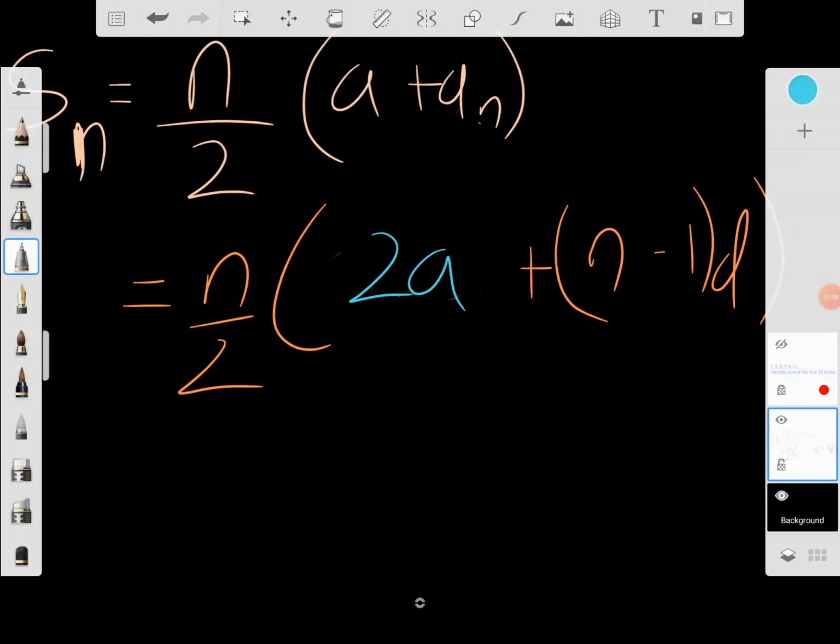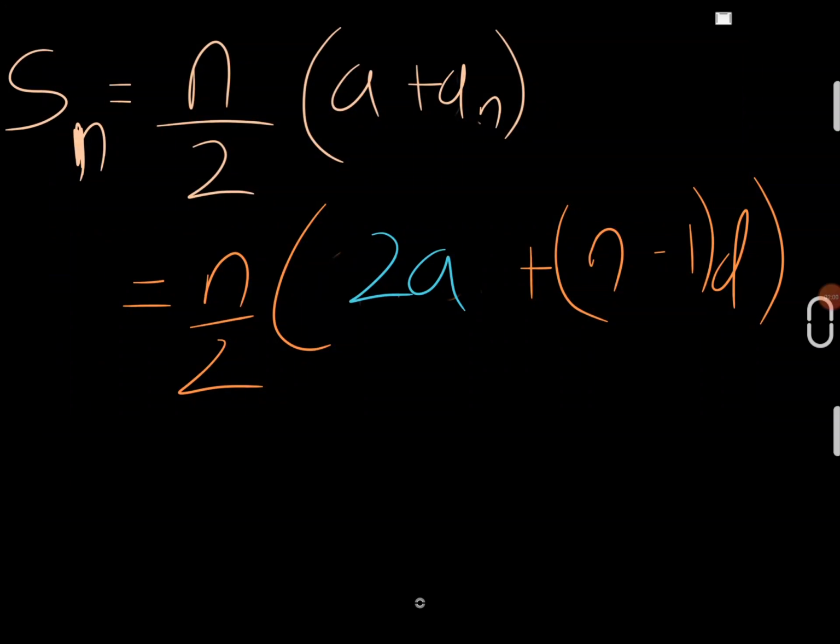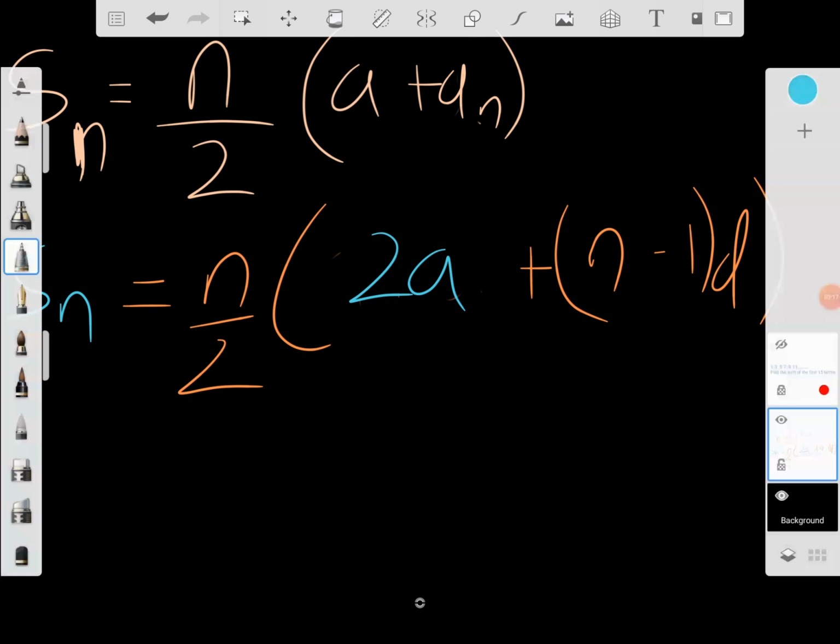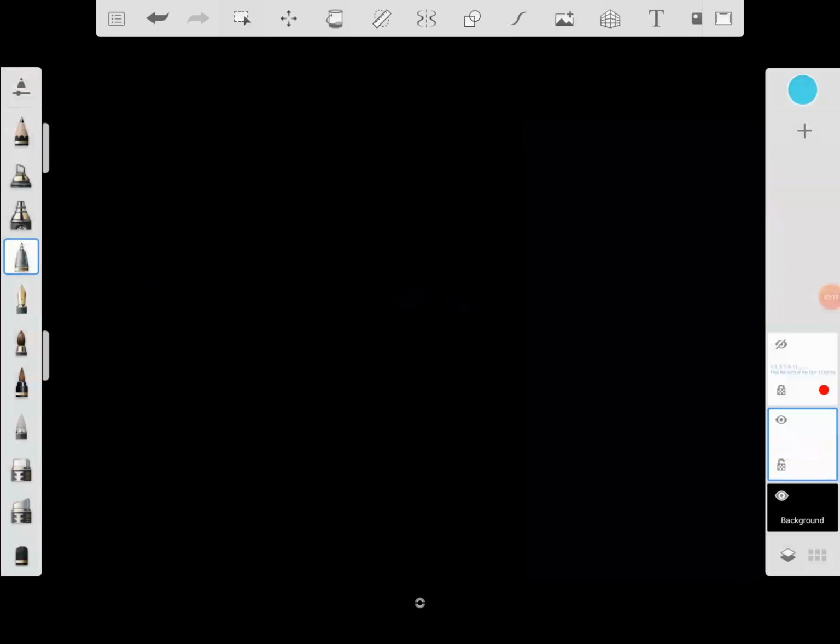So this is another way of writing the same formula: Sn is equal to n by 2 into (2a plus n minus 1 d). It's the same formula, so you can derive it anytime you want. We're just writing it in another way. Let us leave that and see this question.